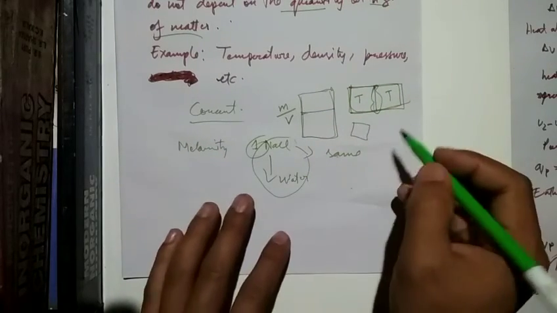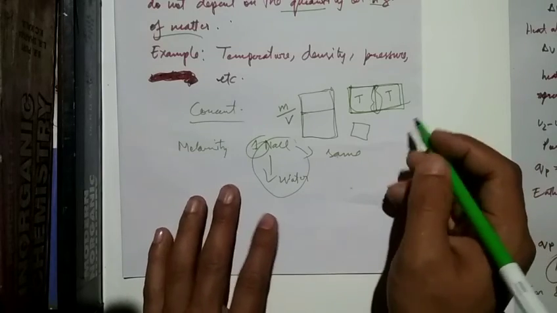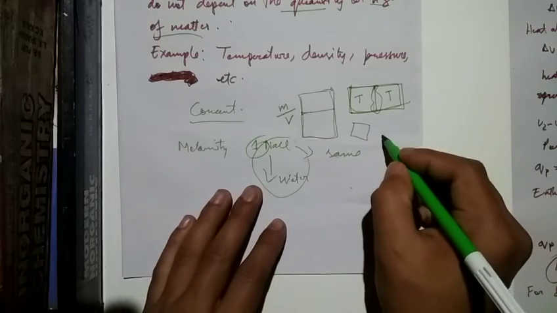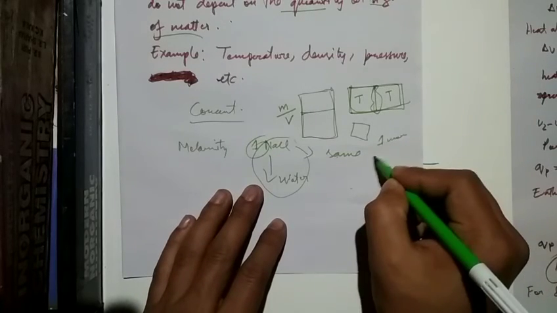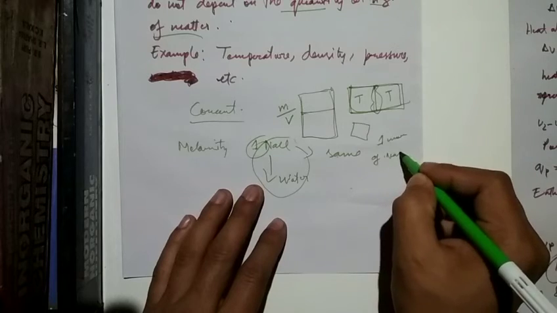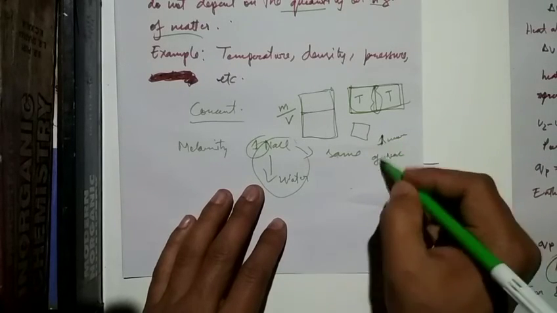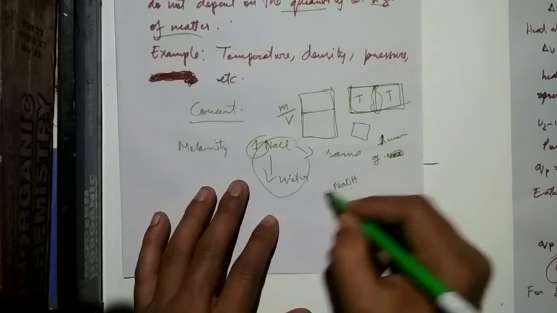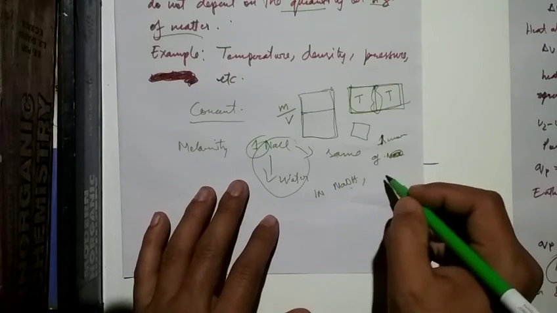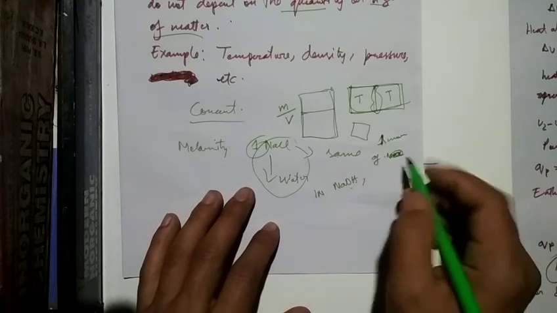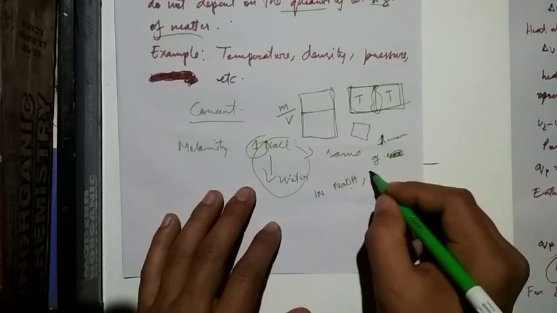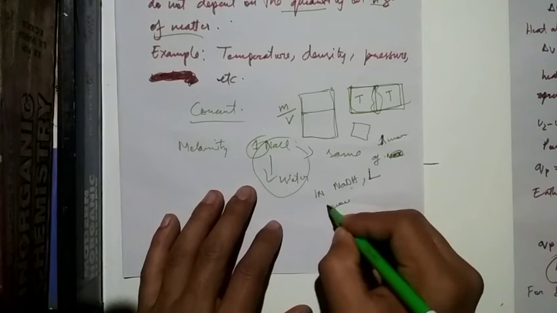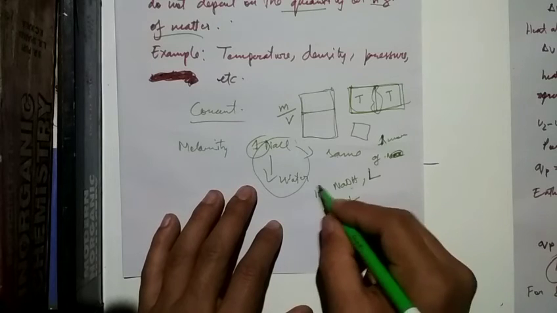In the same way, normality will be the same. Like 1 normal sodium hydroxide, suppose this is in liters, if we take 100 ml also, this will remain 1 normal.